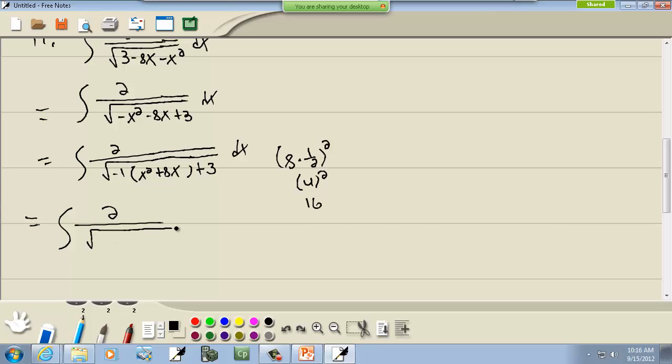So we're going to have negative 1 times x squared plus 8x plus 16, and again we're going to consider that one group together, and I can't just add a 16 in there willy-nilly, so I have to put in a negative 16 right beside it. Close parentheses, plus 3.